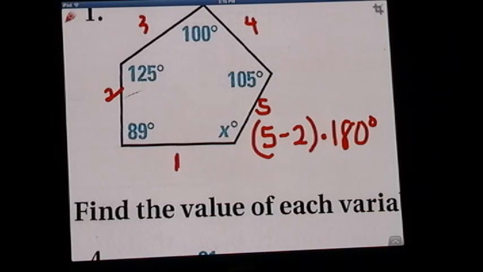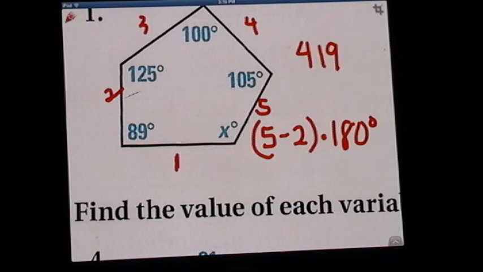And then I'm going to work it out. Then I have to add up the rest of these to find out how much the rest of them are. So that would be 89 plus 125 plus 100 plus 105. Now always start in one place, go all the way around, and do it twice. I got 419 the first time.